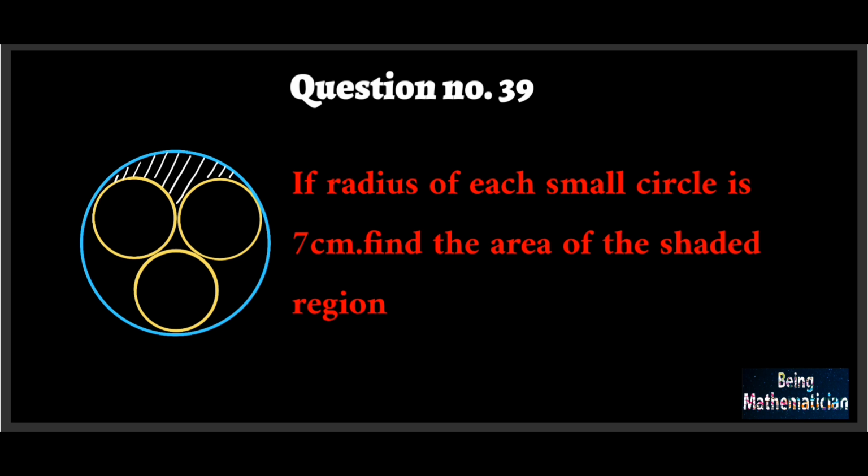Question number 39. Let us assume that the center of the circle is A, B and C. Now join ABC. So the radius of each circle is 7 centimeters.